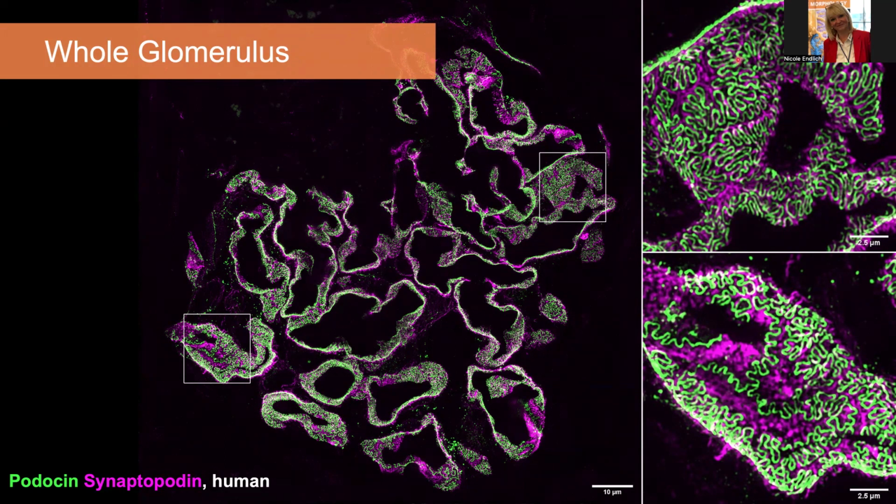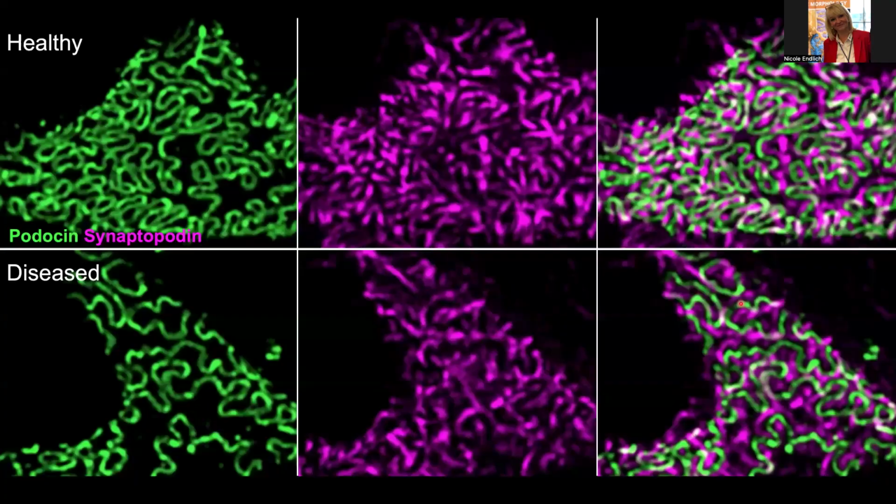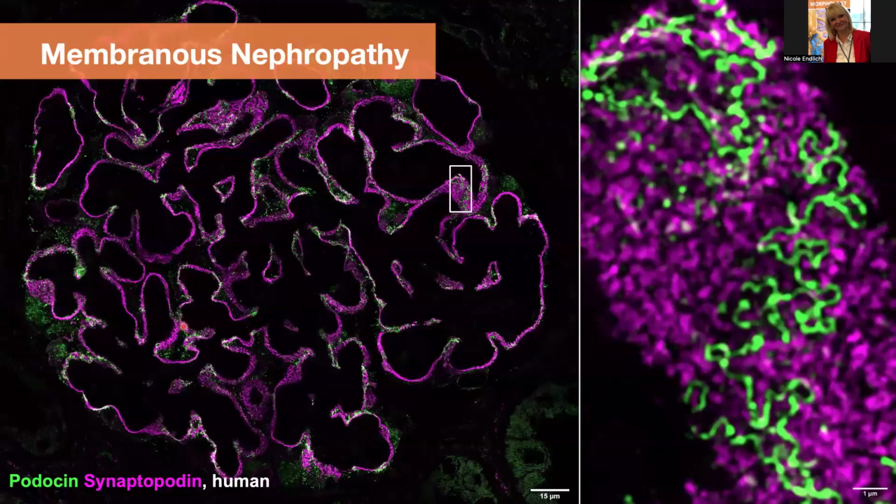You see the filtration slit, and it's tightly packed, and the foot processes are tiny. In contrast to the situation shown on the left side and on the bottom, you see that something is wrong, and this is an example of severely affected podocyte foot processes. Again, this is the situation if you compare it directly.